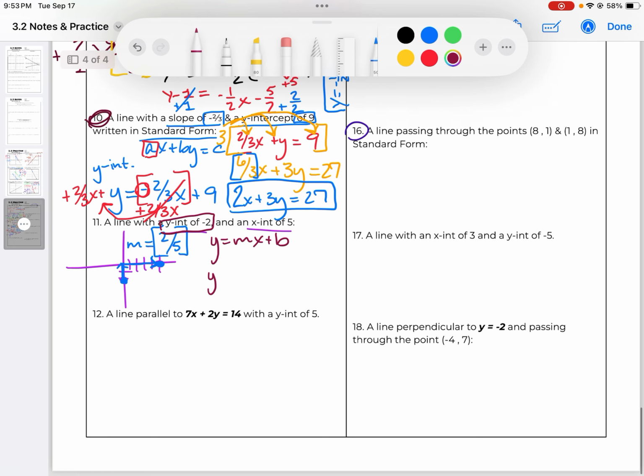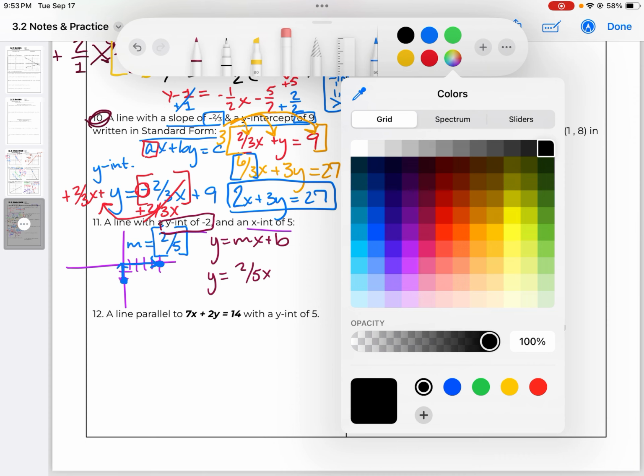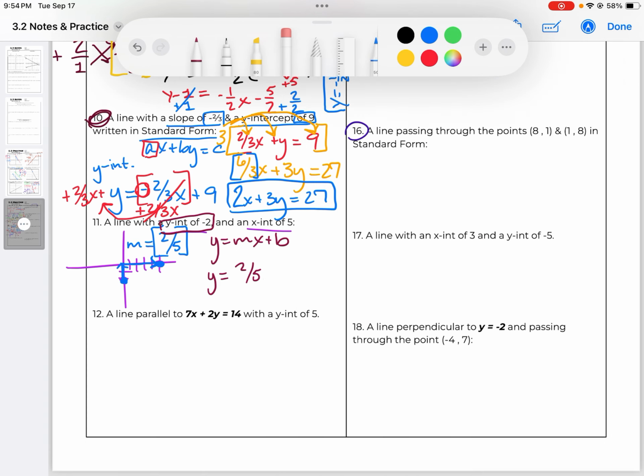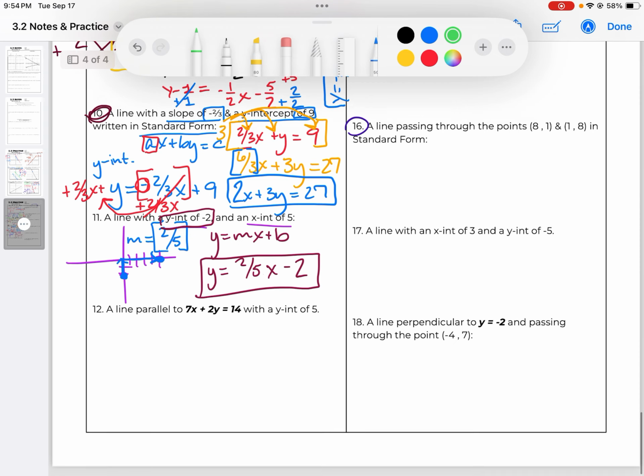I can then write y equals my slope plus my y-intercept, which is actually negative, so that will become a negative 2. That is our final answer solution for 11. All right, keeping it moving.